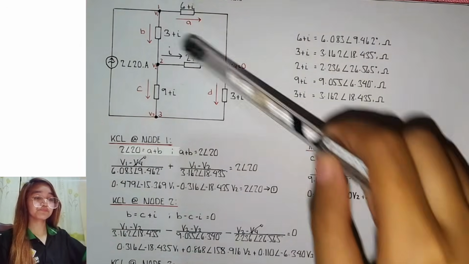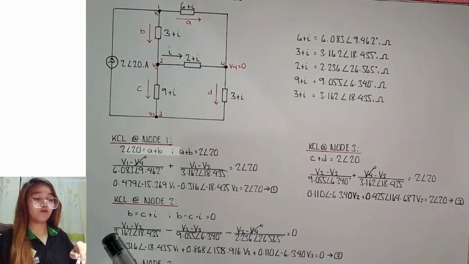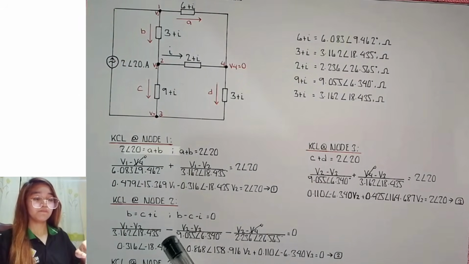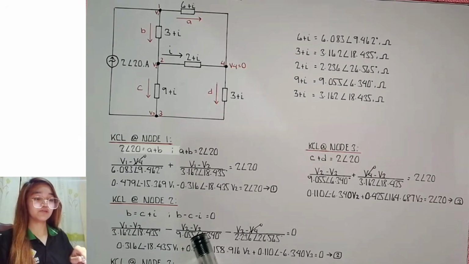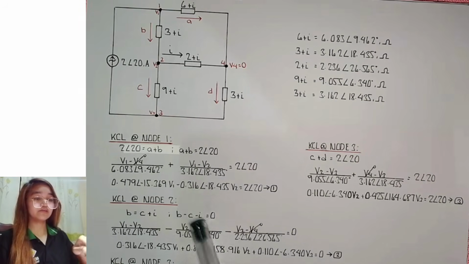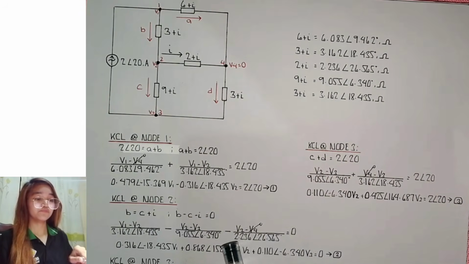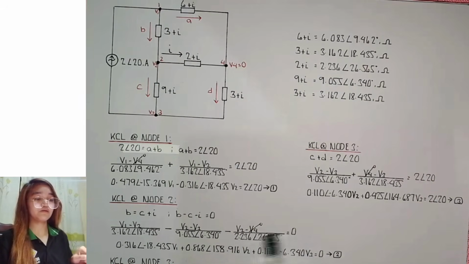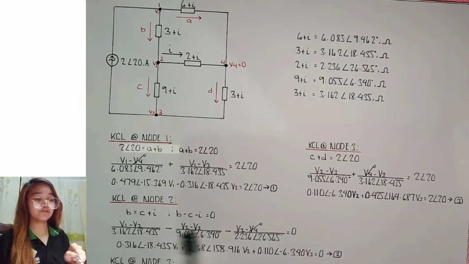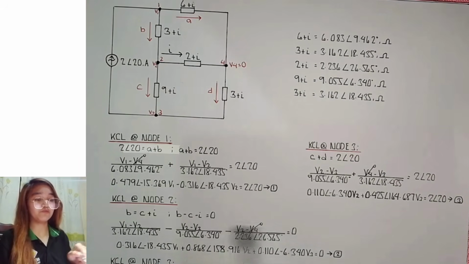So our B is V1 minus V2 all over the impedance here, minus C, which is V2 minus V3 all over the impedance there, minus I, which is V2 minus V4 all over the impedance here, which is 2.236 something. So it's equal to 0. So we will compute in the calculator again, and our V4 is 0. So this is our equation 2 now.